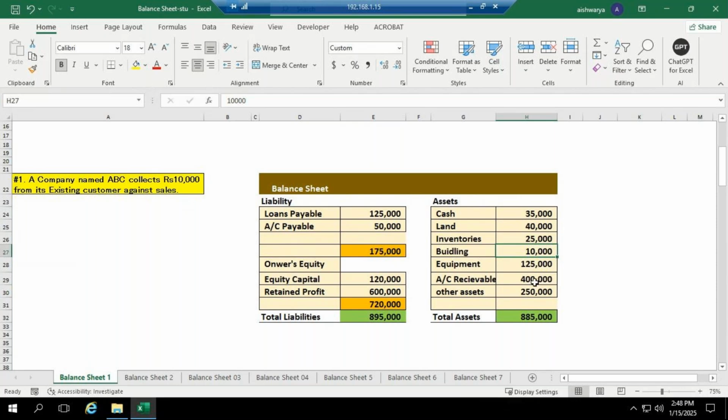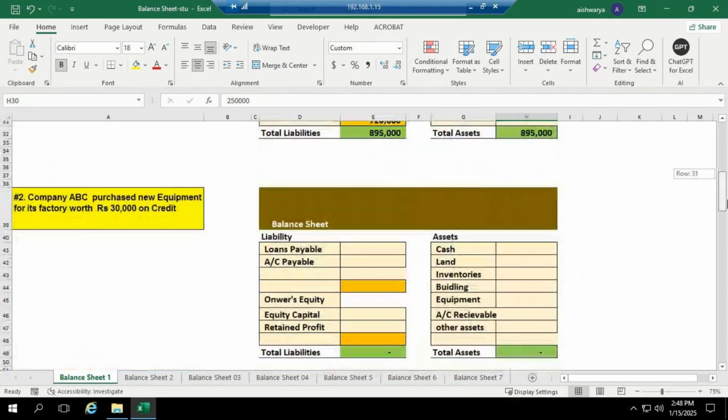So then receivable. In this receivable we have to add. So again it has been tallied here. Okay, so like that we are going to see the adjustment here.